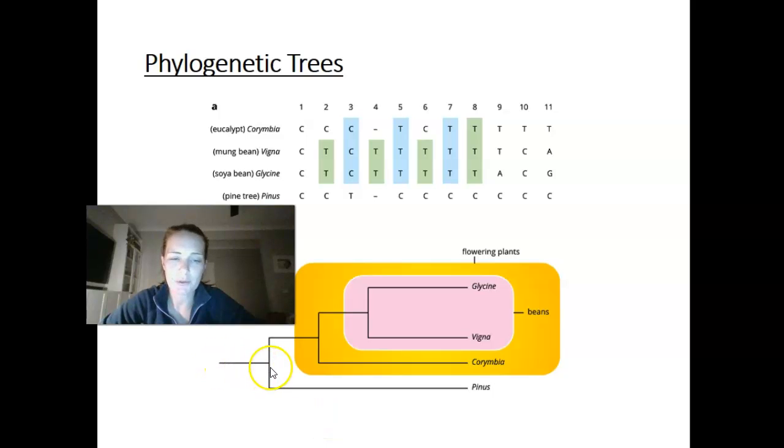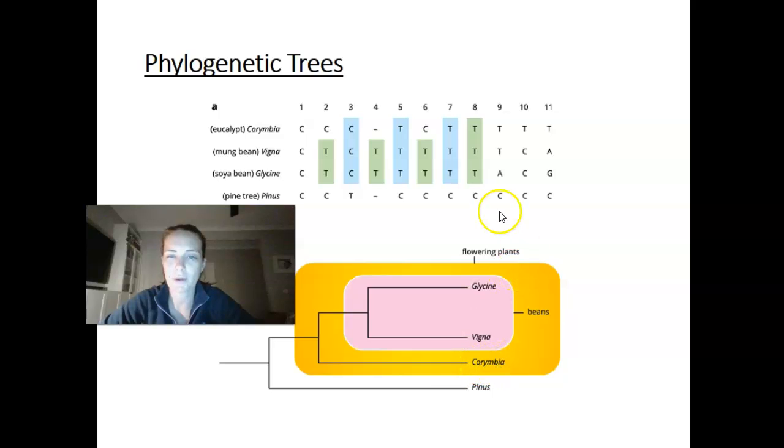So we always start with the root and a first common ancestor, a point of divergence. At one point there would have existed a population of flowering plants that is the common ancestor of all of these current day flowering plants. The first speciation event that took place has given rise to what has now become the pinus, or the pine tree. And then they follow on from there.